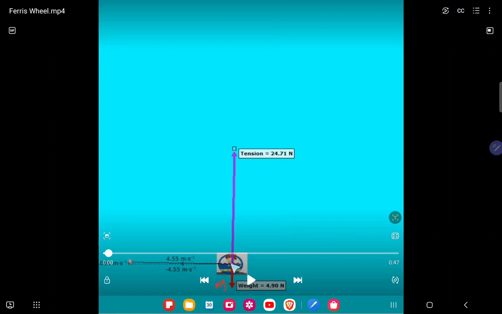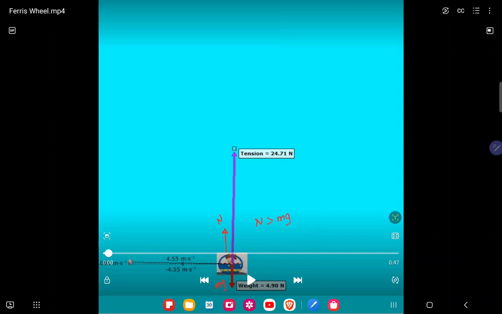So there's a normal force exerted by the cart on the child. It's directed this way. It's the normal force. Now, the normal force in this case is greater than the weight. We will see that mathematically in a moment. So the normal is greater than the weight of the child.